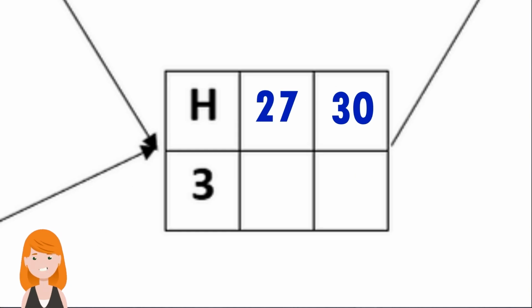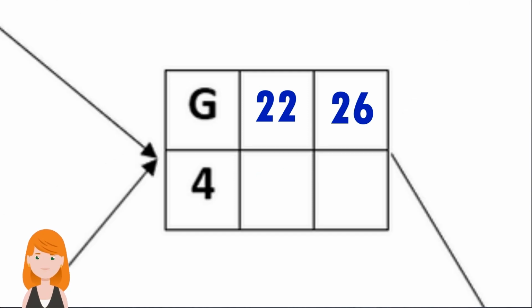For H, the latest start time will be 30 minus 3 to give 27. For G, the latest start will be 30 minus 4, and that gives 26.